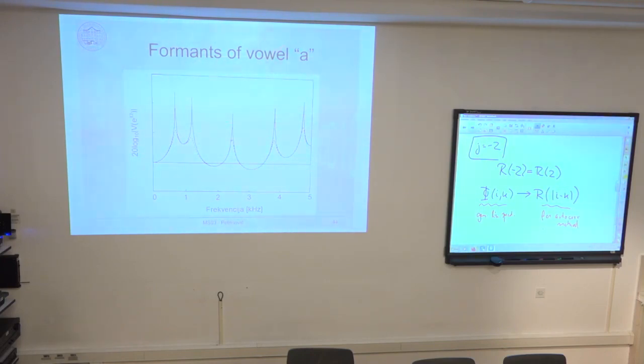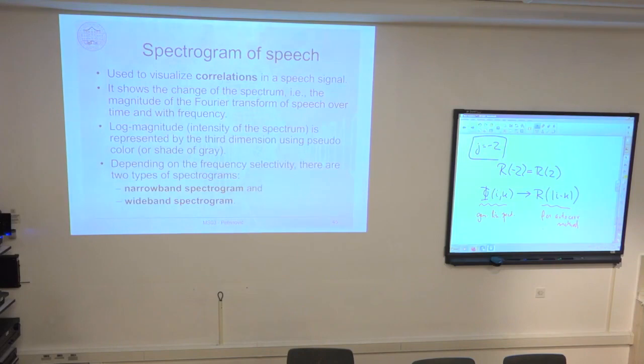So, for example, this is for vowel R. The positions of these maxima are characteristic for the sound R. But if I pronounce A, then they will shift. They will have another set of frequencies where the formants occur. Okay? And one possibility to analyze speech is to apply spectrograms.